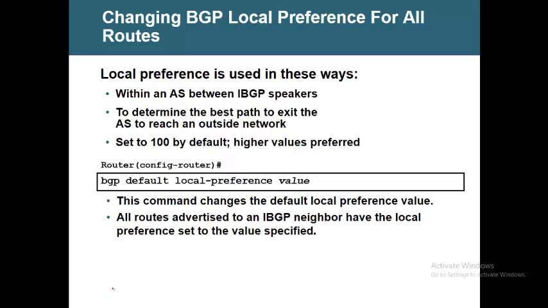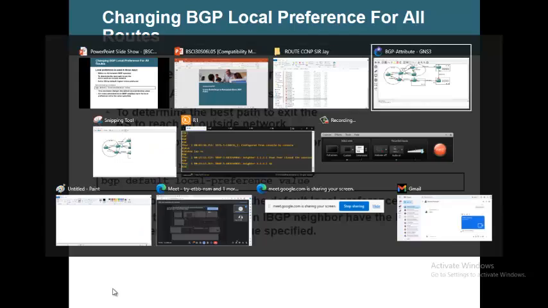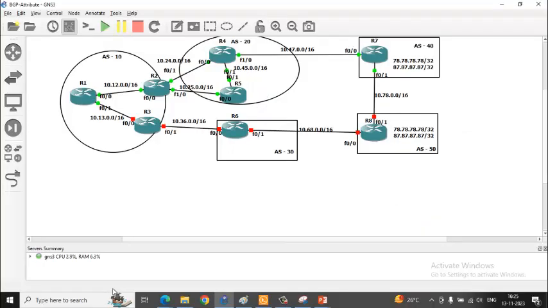See, we did using access list and route map. Correct? And we said for 78, it should go out of router 2. For 87, it should go out of router 3.